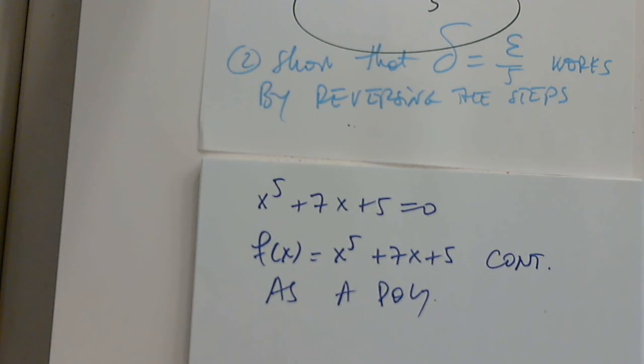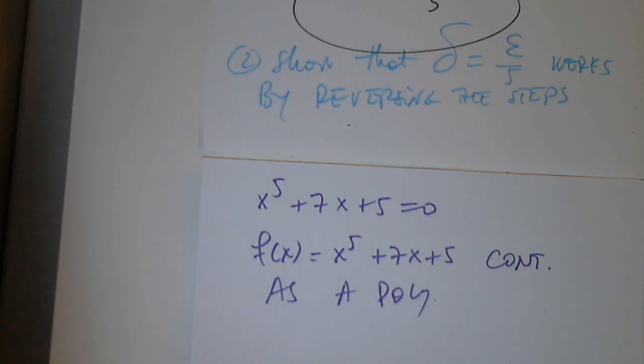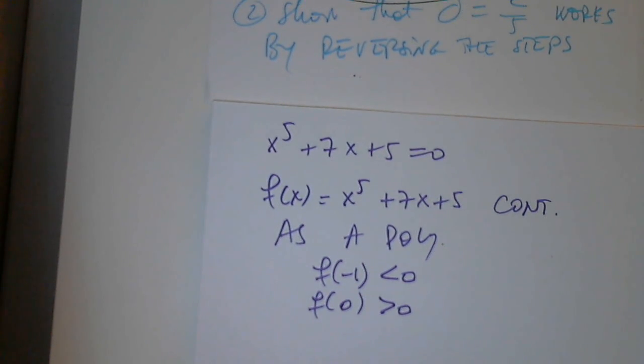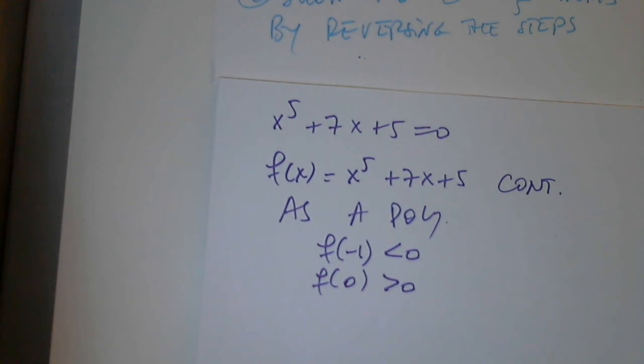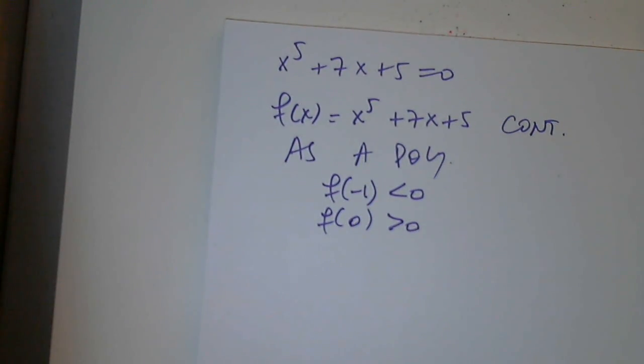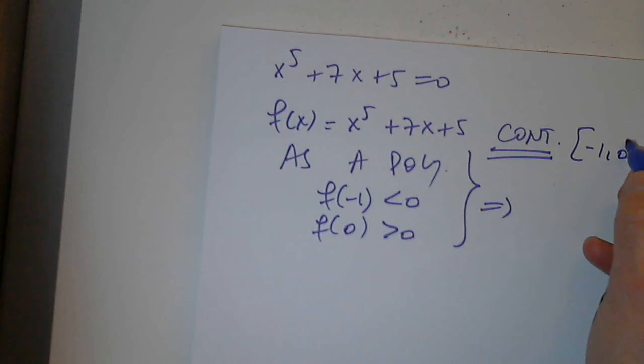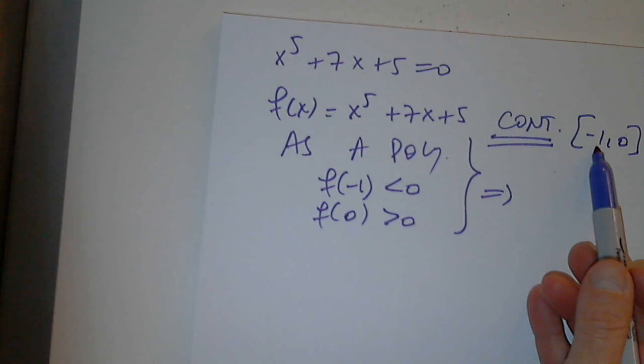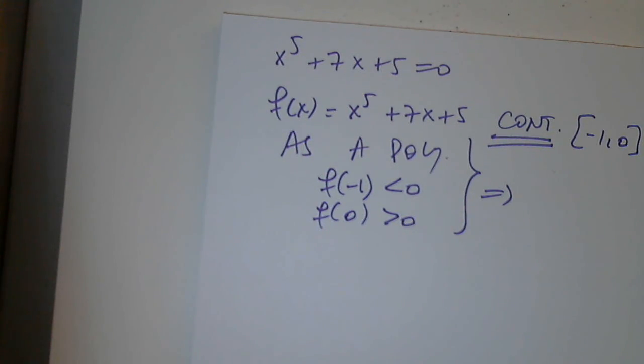All I have to write is that f of -1 is negative, and f of 0 is positive. Since the function is continuous everywhere and it changes sign between -1 and 0, I would write, therefore, from these two conditions: continuous, of course, in this case I'm talking about -1, 0, but this function is continuous everywhere, it's a polynomial function, and f of -1 is negative and f of 0 is positive.